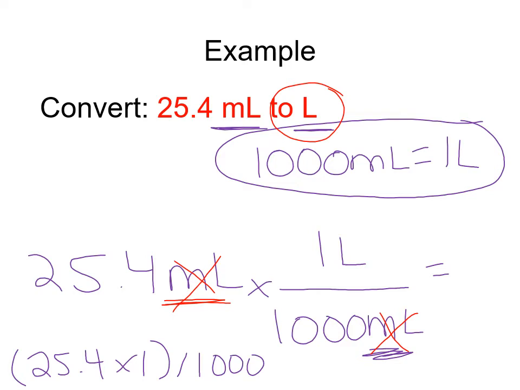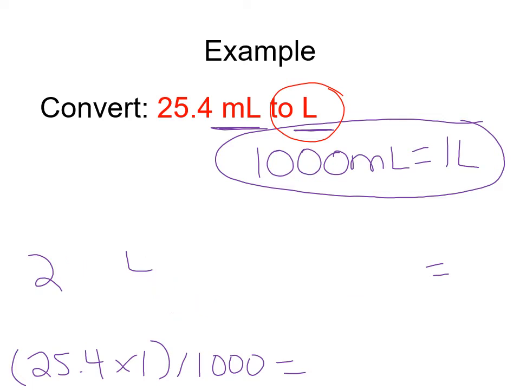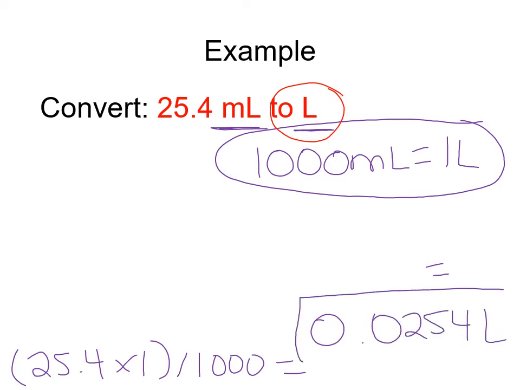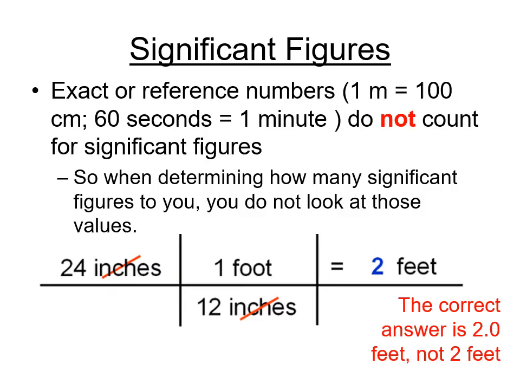And when you do that, you should get 0.0254 liters as our answer. So that's the first example. We're going to do quite a few more so that you can feel comfortable setting up your units.